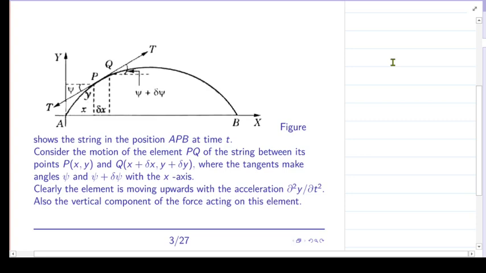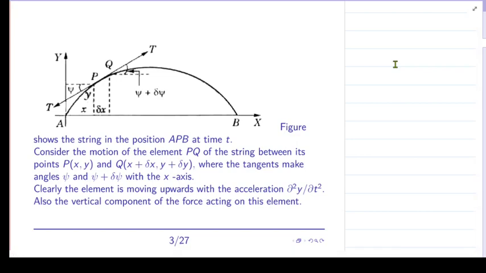To derive this, we take a point P and draw a line parallel to the x-axis from P. Also we draw a line parallel to the x-axis from Q. We call the angle between the tension and the parallel line psi at P, and psi plus delta psi at Q. That means at point P we have an angle psi, and at point Q we have an angle psi plus delta psi.